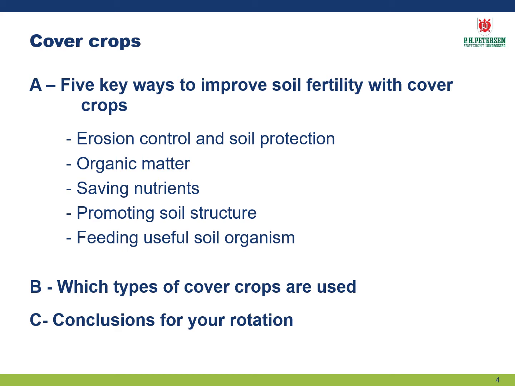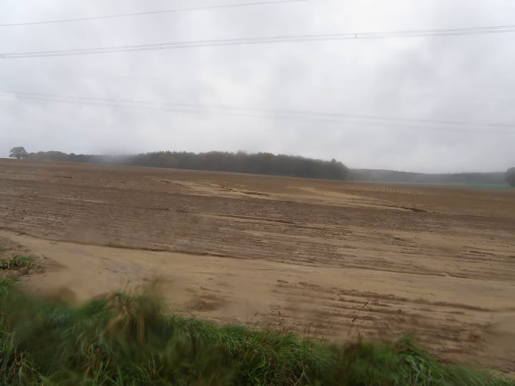We will look at the types of cover crops which are used, and we try to find a conclusion for your erosion control and soil protection. Here you see a field with a heavy erosion event.